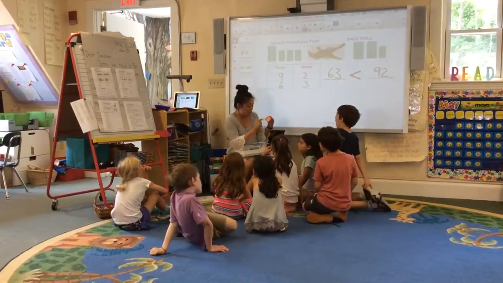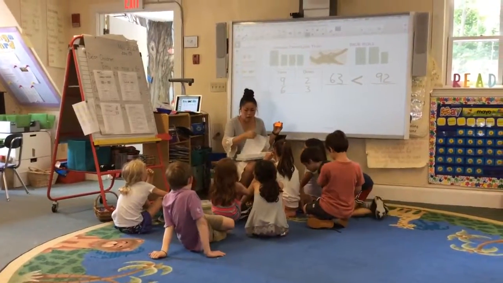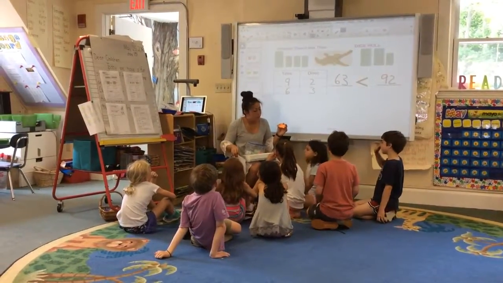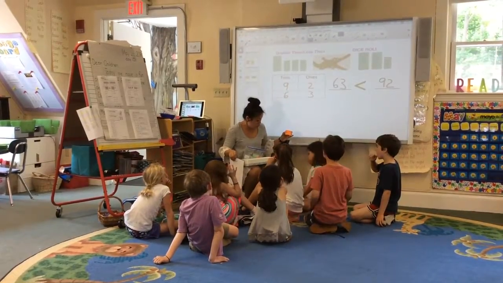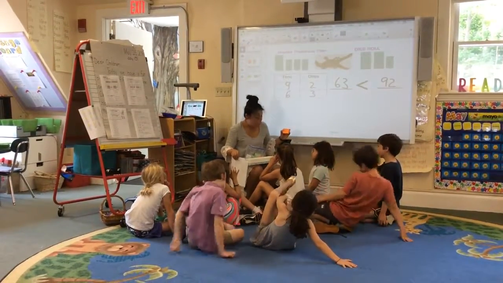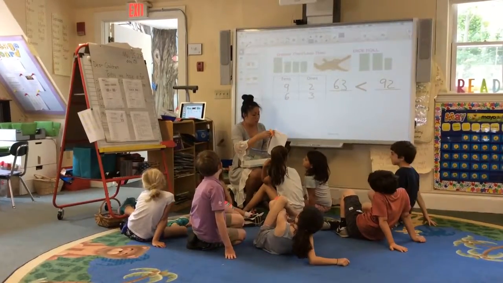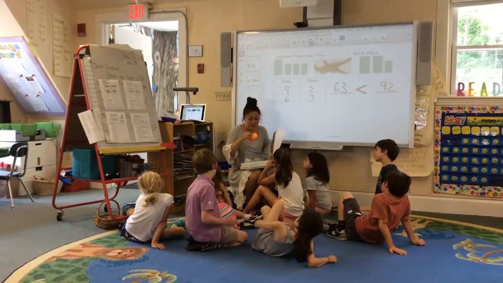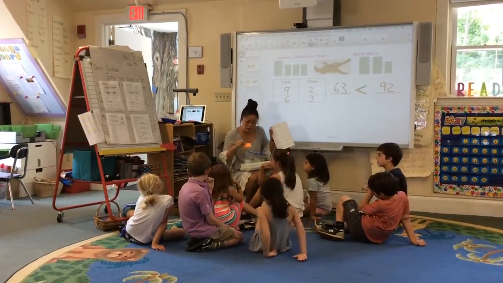So I have to decide 12 minus 5 is what? Raise your hand and tell me. Christopher? 7. Yeah. So I'm going to write 7 here. And then I'm going to flip to the next one. What's 14 minus 8? It's a little bit more tricky. Emma?